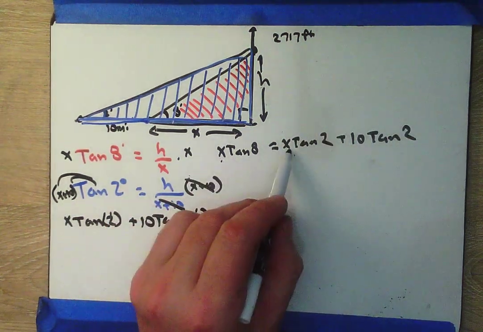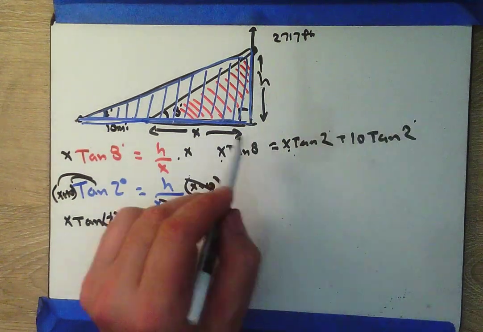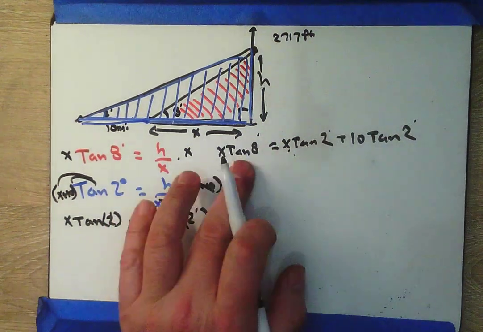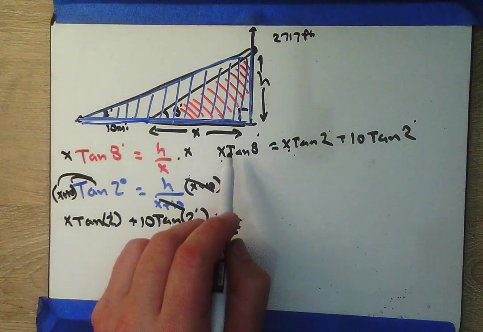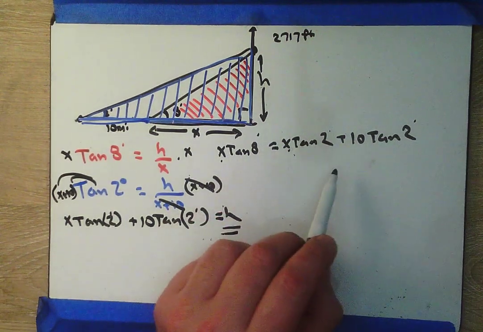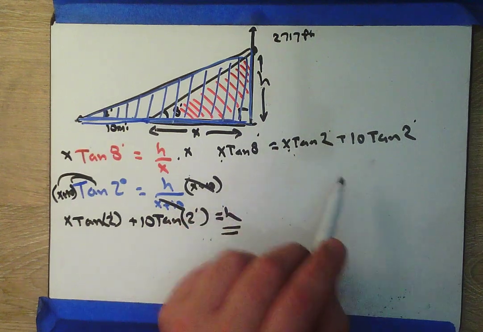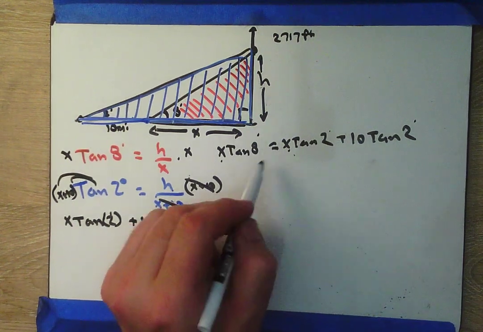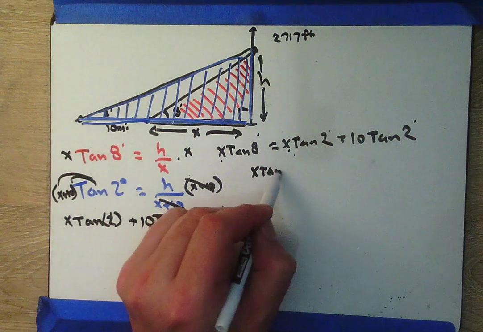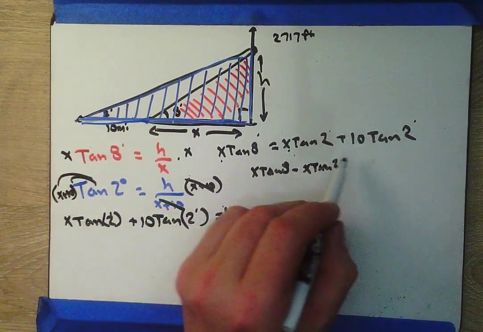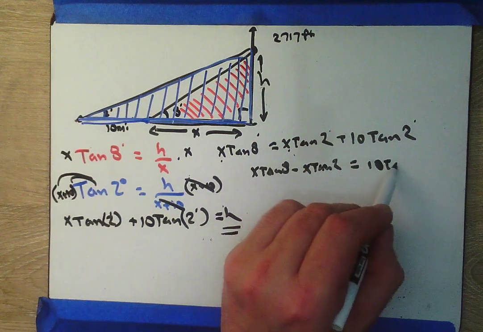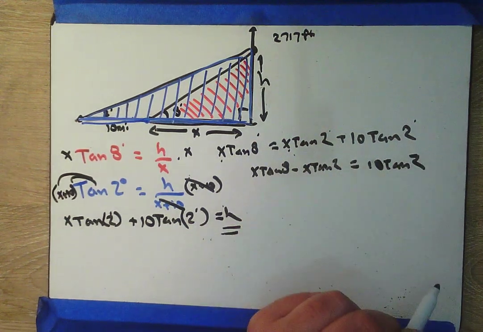Okay, I notice there are x's on both sides. So I want to move this over here so I can get all the x's on one side. And no, x tan 8 minus x tan 2 is not x tan 6. It's x tan 8 minus x tan 2 equals 10 tan 2.